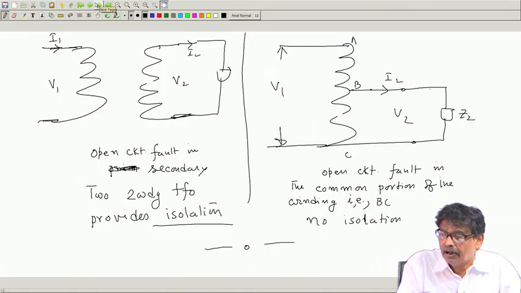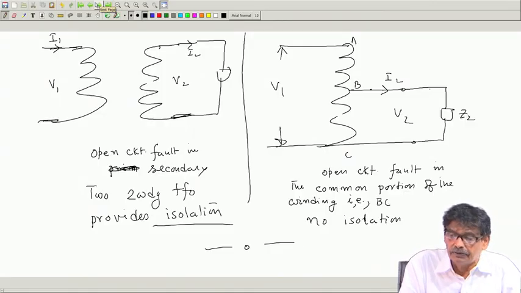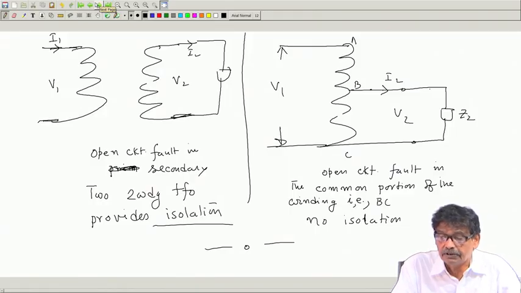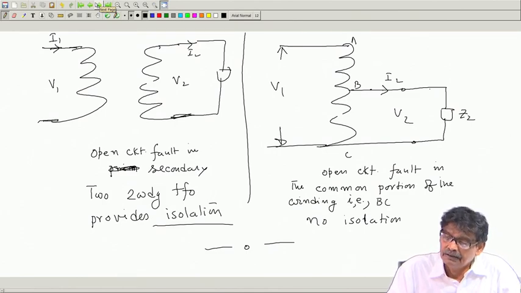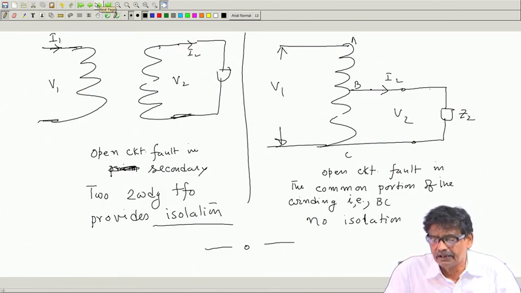Then I told you that a two winding transformer is a better option if you require isolation. Some critical load is present, if there is an open circuit on the secondary of the two winding transformer, okay, no problem. At best, at most the load will not get any supply, there ends the matter.